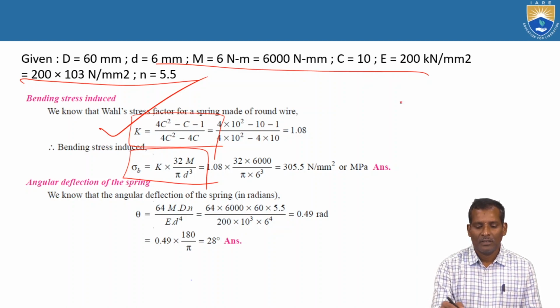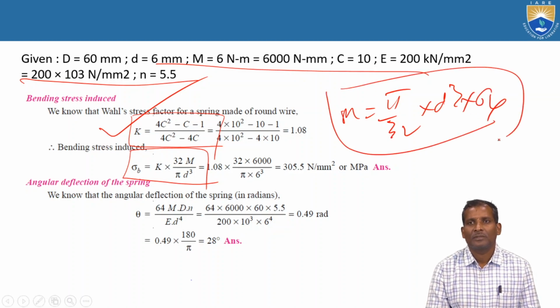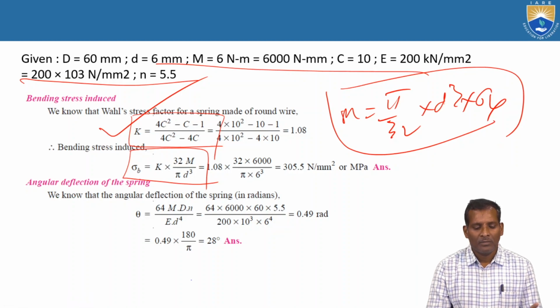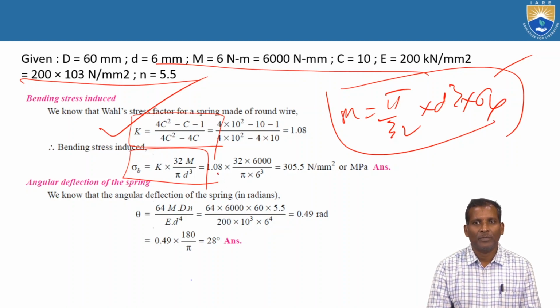The general formula: the bending moment is equal to pi by 32 into d cube into sigma B. So here, the bending stress induced in terms of the Wahl stress factor for springs, this is for shafts and circular cross sections. This is K multiplied by 32 M by pi d cube.